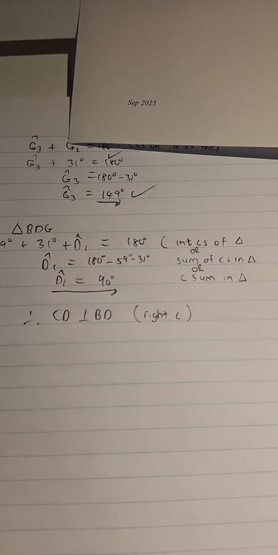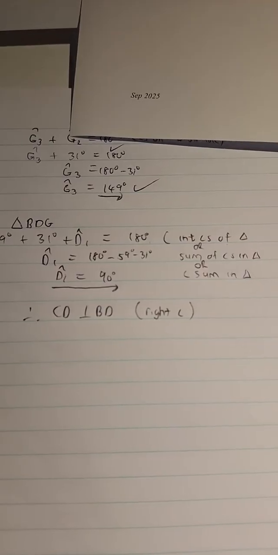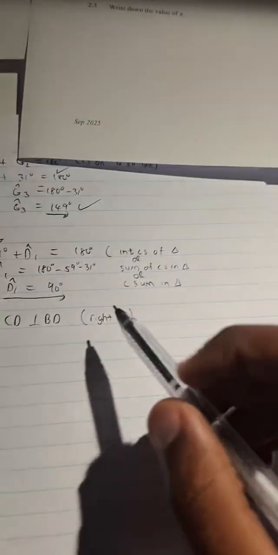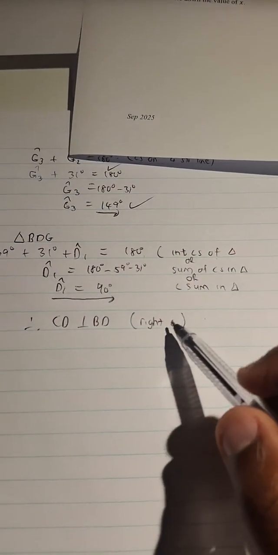Why is that the case? It's because I found a right angle there. It would be fine to even say right angle, D1 there is a right angle.